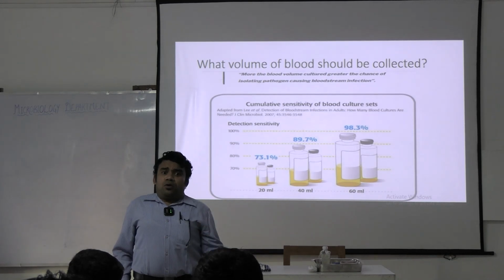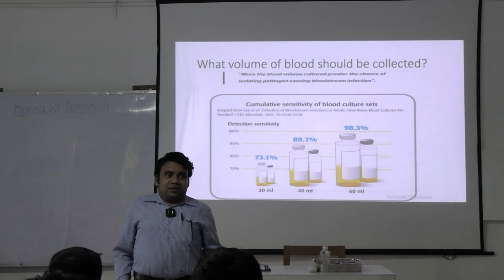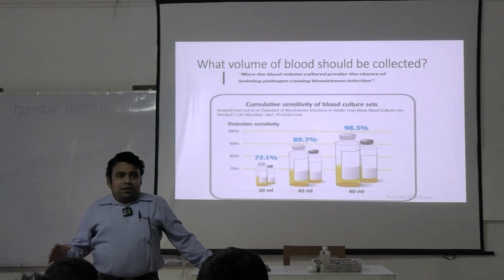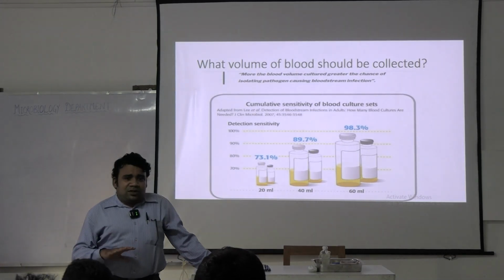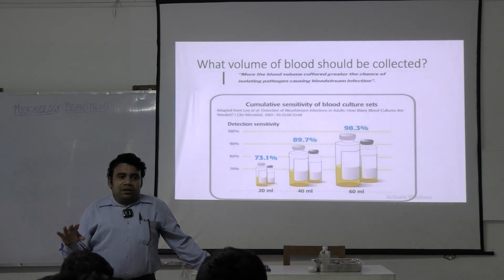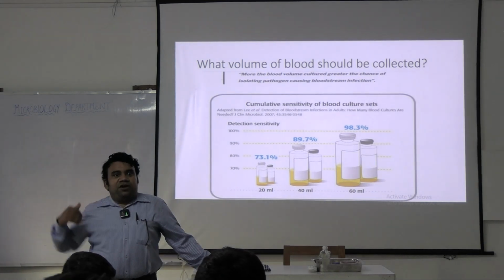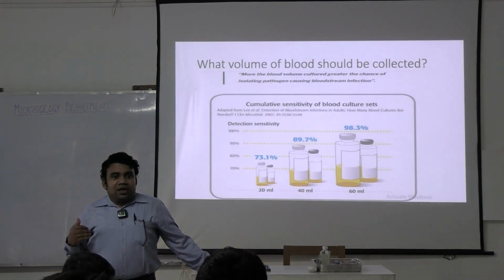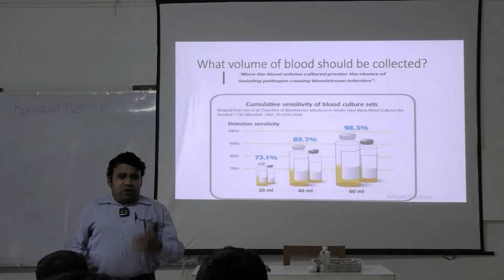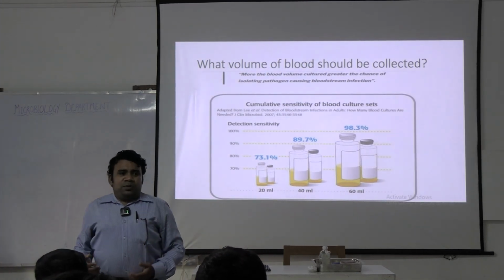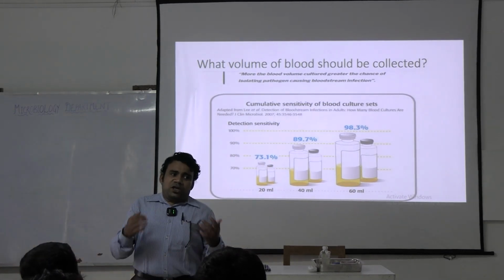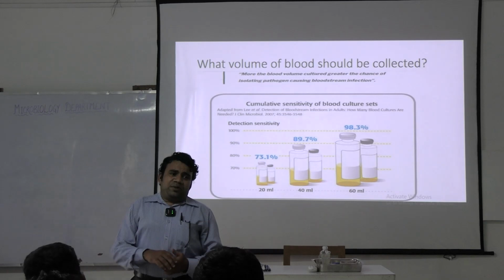I will get a better outcome in my test. Say the patient has 5 liters of blood and say there are 1000 bacteria in the whole body. So if it is distributed evenly and I take 500 ml of blood from that patient, I have a higher probability of getting the bacteria, right? And you have a lower probability if you take only 20 ml. Then why should I not take, say, 500 ml?